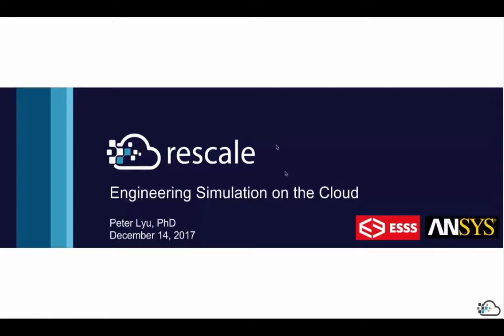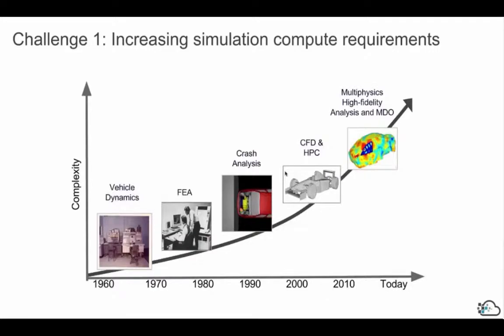If we look back in the CAE industry, simulation has really come a long way. Starting from the 60s, where we used analog computers, as you see pictured here, to solve differential equations for vehicle dynamics. Then in the 70s, finite element methods started in the aerospace industry for structural analysis.